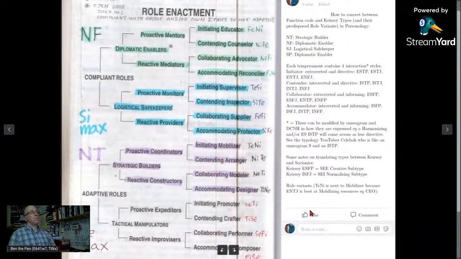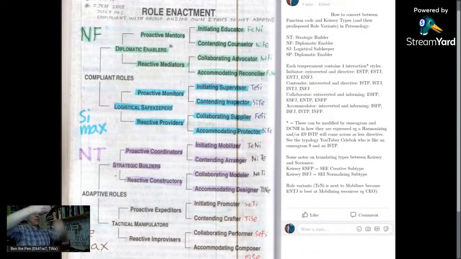So you've got these various kinds of roles, and Keirsey was saying, by default, your artisans are best at tactical manipulator, and you have a correspondence there. So for example, the promoter, which can become the con man, the type which is naturally set up for that is ESTP. Think Donald Trump, think Vince McMahon.